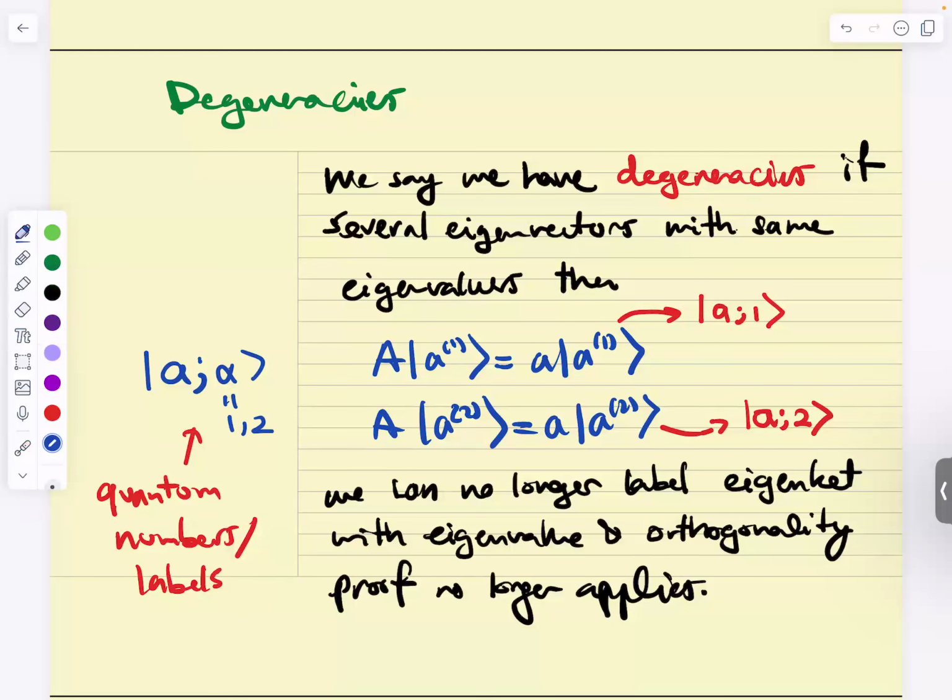And as a matter of fact, you should be using alpha of A, because different A's could have different degeneracies. These numbers that we use to describe a ket are called quantum numbers.